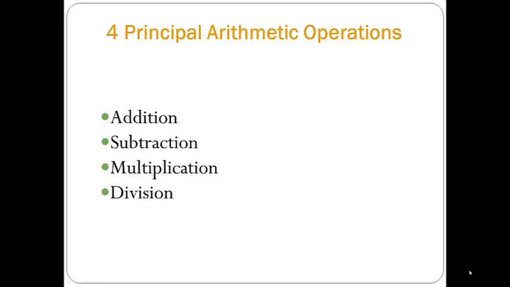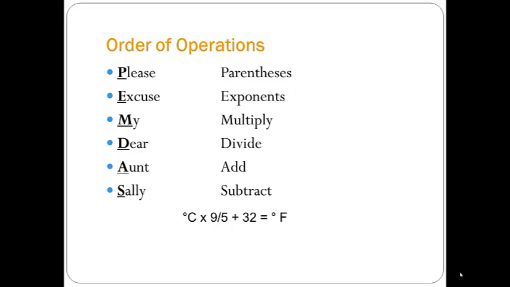It's no surprise to any of you that there are 4 principal mathematical operations: addition, subtraction, multiplication, and division. But did you remember that there's a specific order in which these operations should be performed? The phrase, "Please excuse my dear Aunt Sally," will help you remember the correct order of operations.